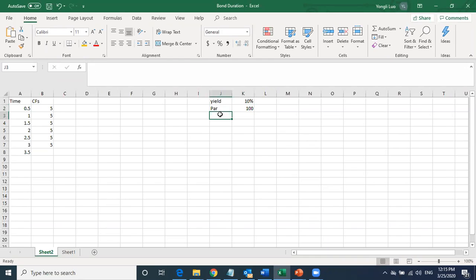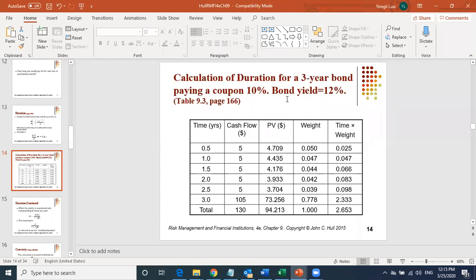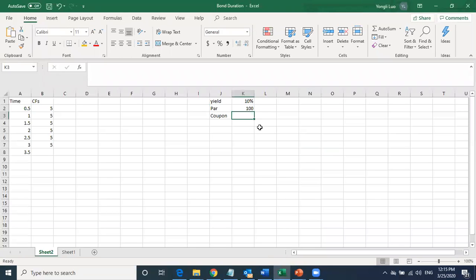Coupon, let me go back to check the coupon. Okay, the coupon is 10%, the bond yield is 12%. The yield is 12%.